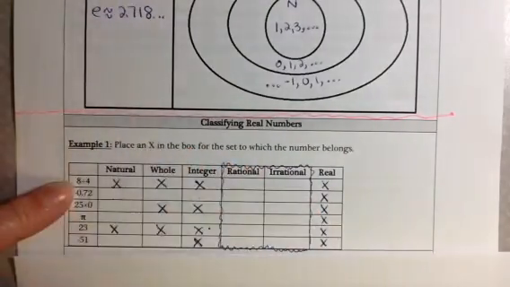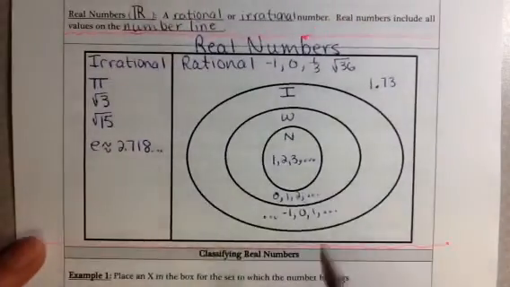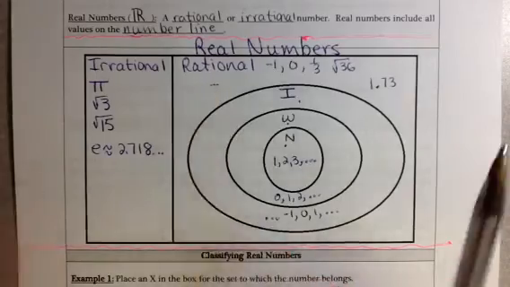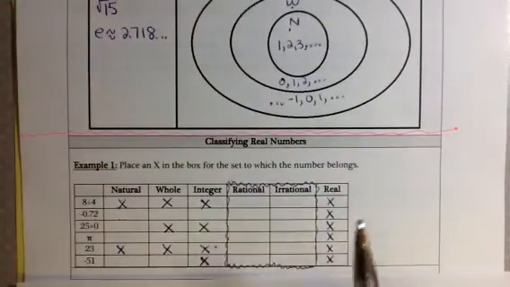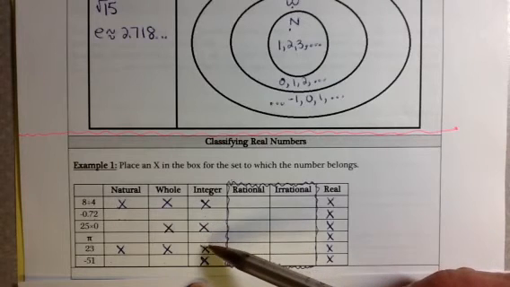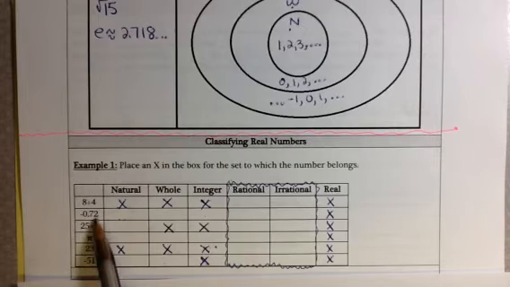The only numbers that would be irrational would be the ones that do not terminate or do not have a repeating pattern. Anything that is natural, whole, or an integer is a rational number. So if we're looking down here, we have an integer here, integer here, integer here, integer here. And then if I look at this number, this one terminates. So it's going to be rational.